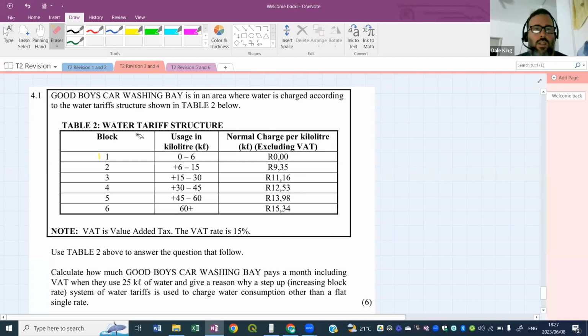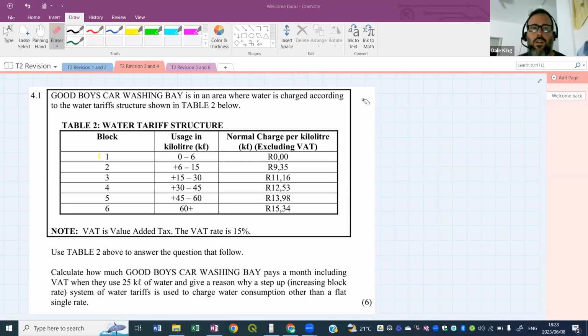Now, let's look at the headings in the table. We've got block, just to name the rows. And in the middle column, we've got usage in kiloliters. Who can tell me how many liters in a kiloliter? Emmanuel, yes, sir.